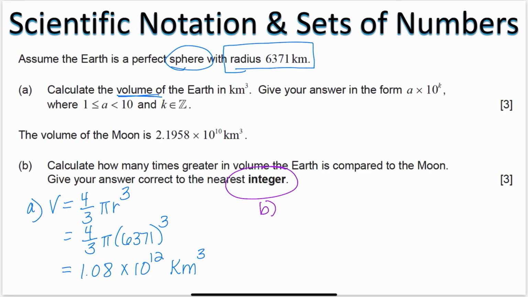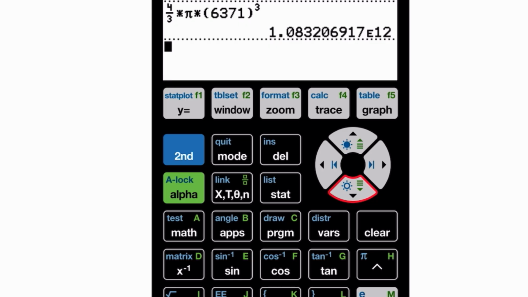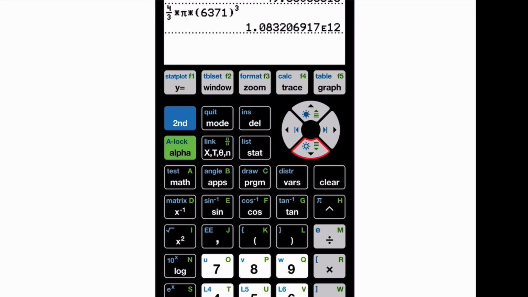I'm going to show 1.08 times 10 to the 12th power, and I'm going to divide it by 2.1958 times 10 to the 10th power. This is all going to go straight into your calculator exactly the way you see it. Because we already have that answer in the calculator, all I'm going to do is put divided by parentheses 2.1958 times 10 to the 10th power, and then I'm going to close parentheses.